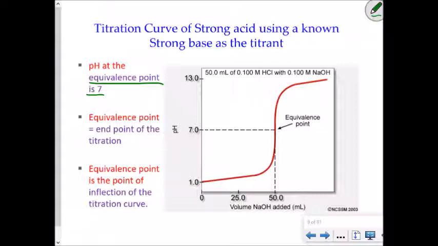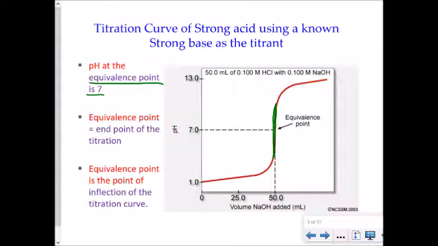Now, in here, the equivalence point should equal the endpoint of the titration, and the equivalence point is showing you the inflection here on the graph. It has like that huge, dramatic either increase or decrease. For the acid being titrated with the base, it's going to be an increase in pH. For the base being titrated with the acid, it was a decrease in pH, the reverse S. Okay, so that inflection of the curve is important. That's where you're going to be looking for that equivalence point.